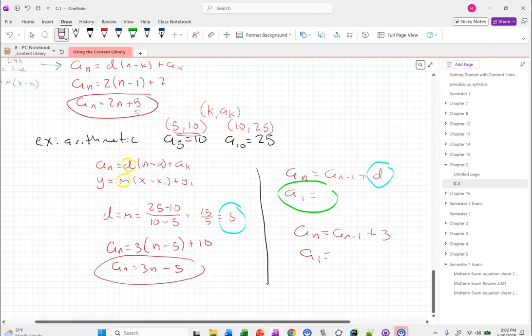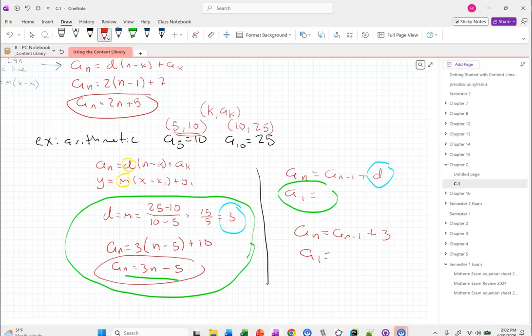Let me actually really do this. So unfortunately, if you're given just the two terms and you want the explicit or the recursive formula, you need to have written the recursive one first so you can find the first term.